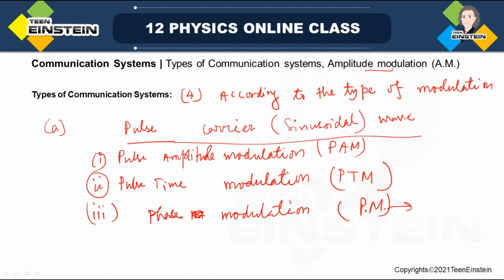In pulse time modulation, PTM, there are also two different communication systems used, like pulse position modulation and pulse width modulation, or pulse duration modulation.